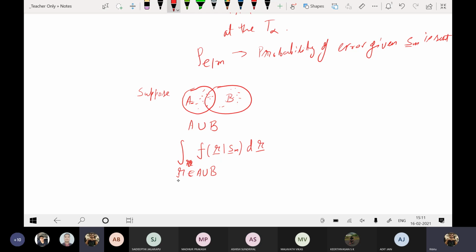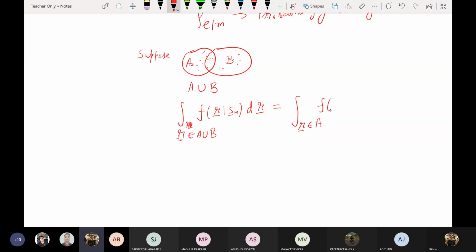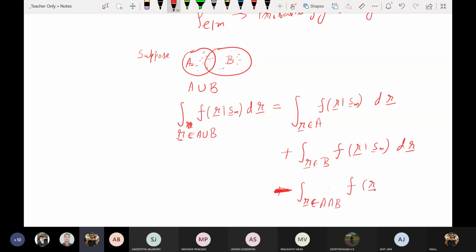Now if I want to calculate this, I can write this as follows. Agreed?